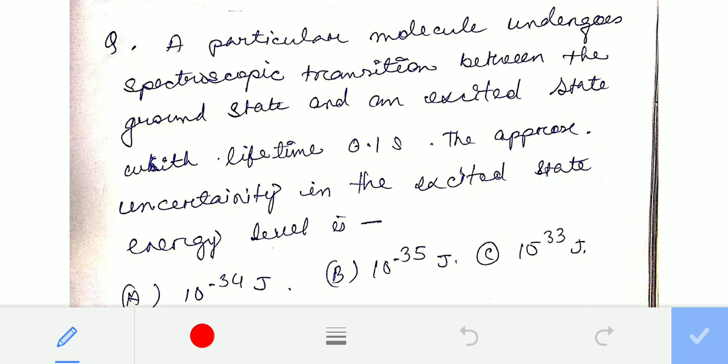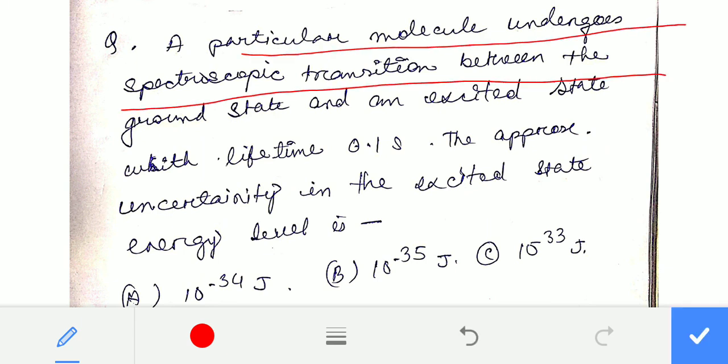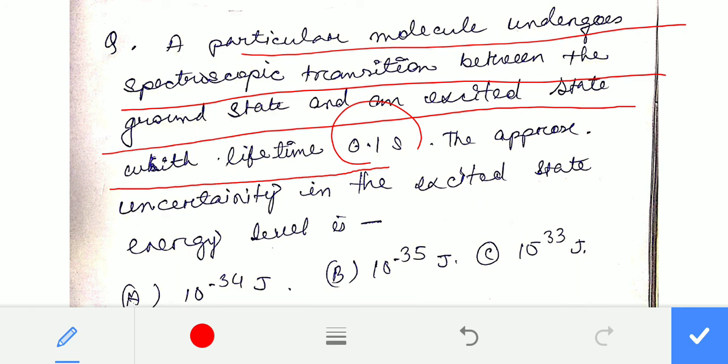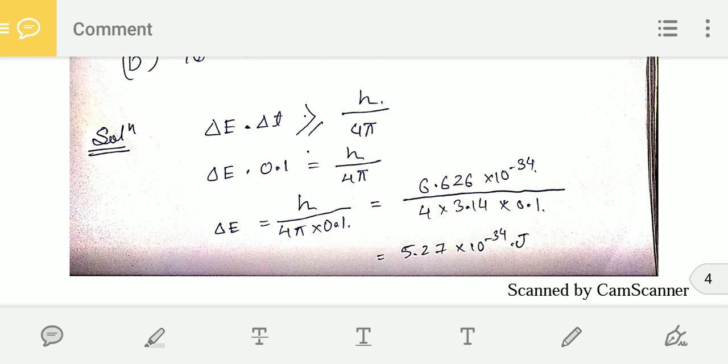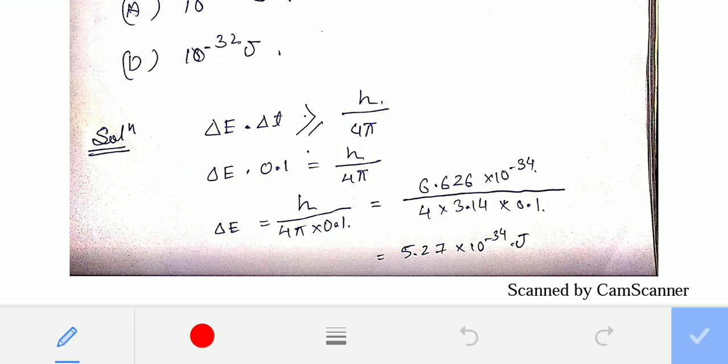A particular molecule undergoes a spectroscopic transition between the ground state and an excited state with lifetime 0.1. What is the approximate uncertainty in the energy of its excited state energy level? Now according to the uncertainty principle, the product of the uncertainty in energy and time is equal to h by 4 pi, right?